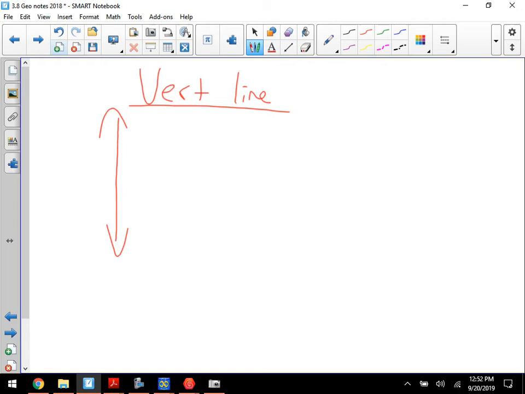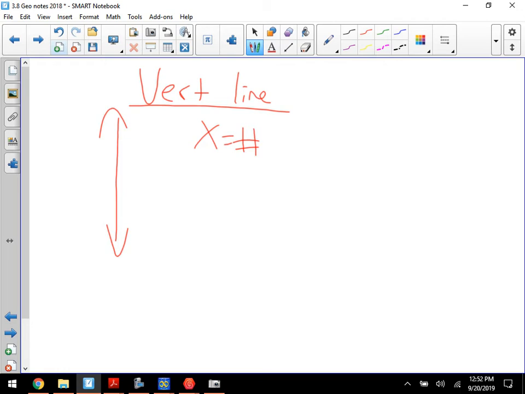Well, if the slope is 0, it would be a horizontal line, wouldn't it? Well, then if y equals a number, wouldn't that be a horizontal line? That's why we just define that. X equals a number. Every vertical line has the same equation. It's always x equals a number.